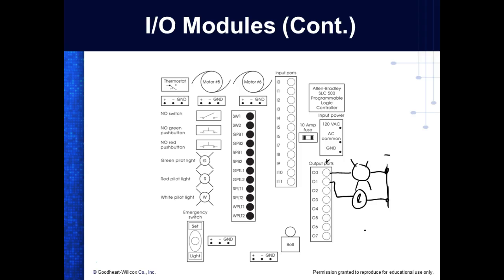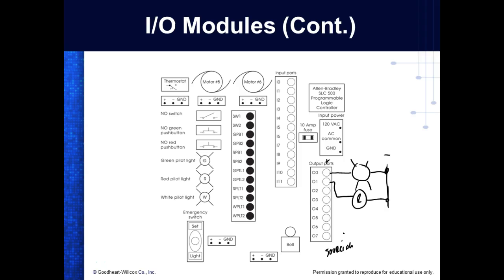I didn't bring my IO modules over here to show you how that works, but I'll try to remember to bring those. This guy would be sourcing. So if the PLC provides the plus, it's called sourcing. If the PLC provides the minus, it's called what?